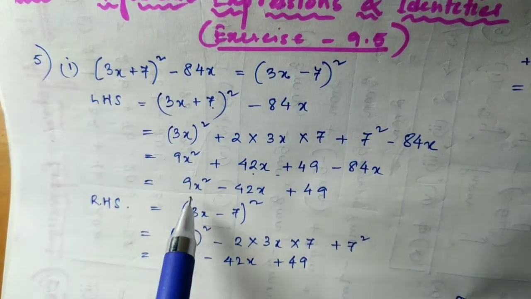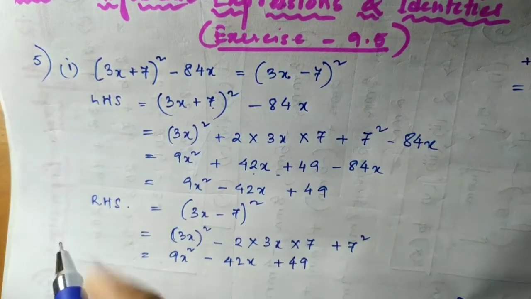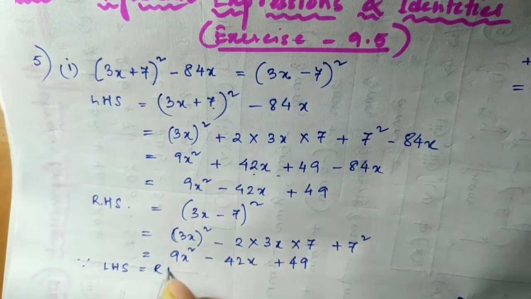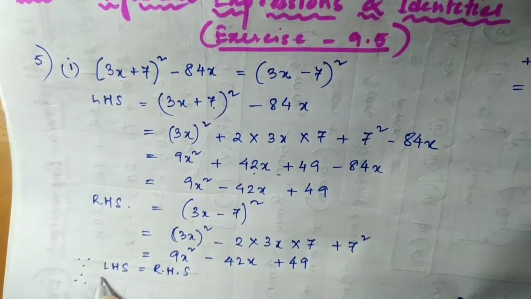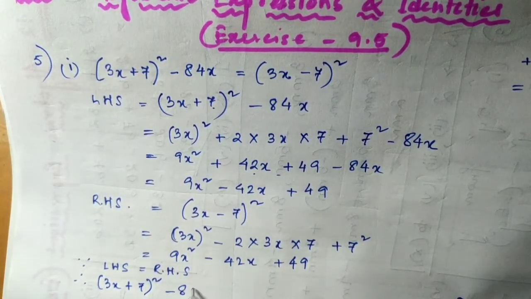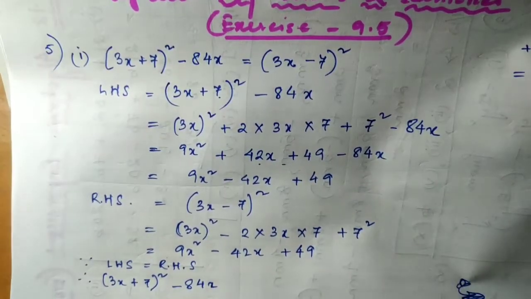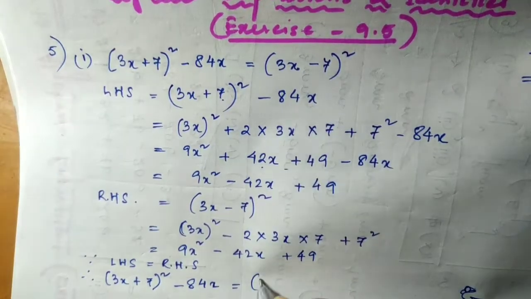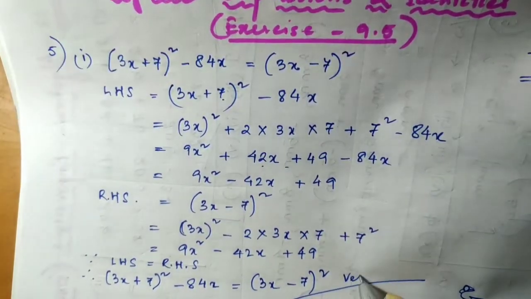Now if you compare and see, the left hand side is equal to right hand side, and I can say this is equal to this. So since left hand side is equal to right hand side, therefore I can just write down (3x + 7)² − 84x is equal to (3x − 7)², hence verified.